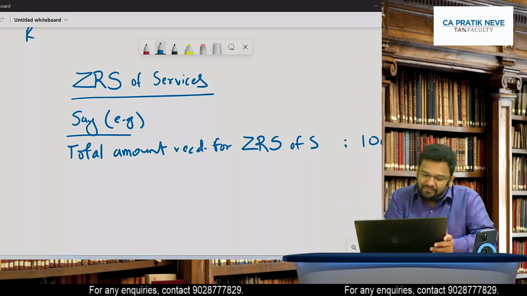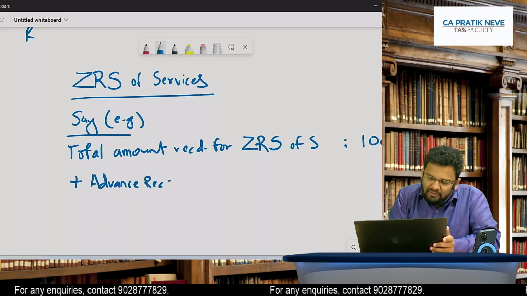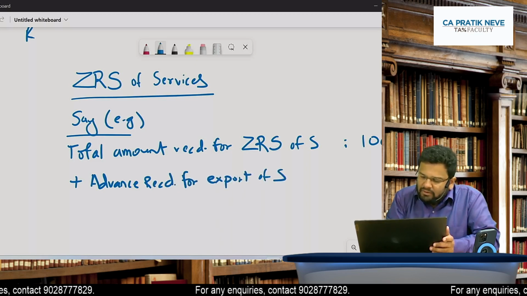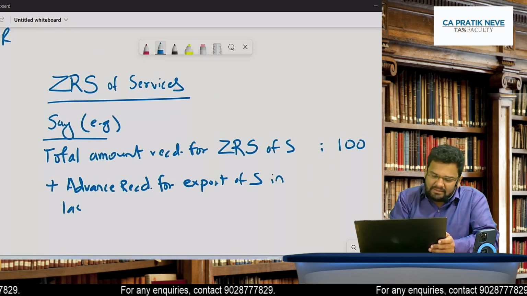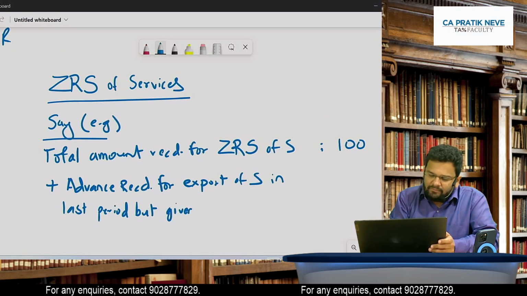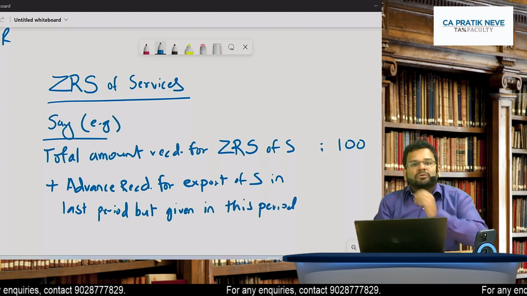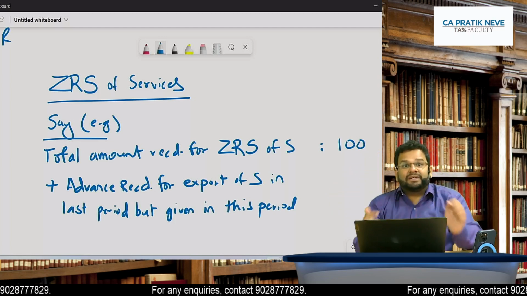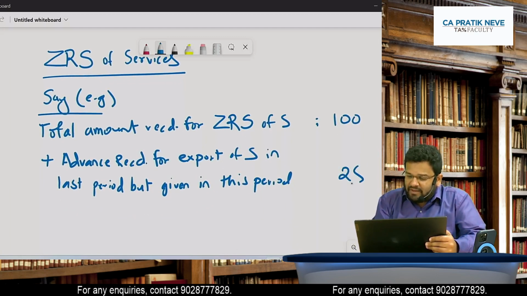So don't you think you will have to add advance received for export of services in last period but given in this period? Yes or no? Suppose say it is 25.